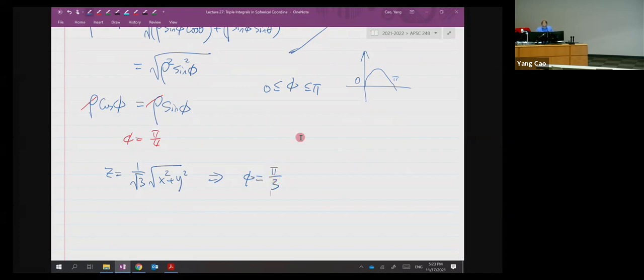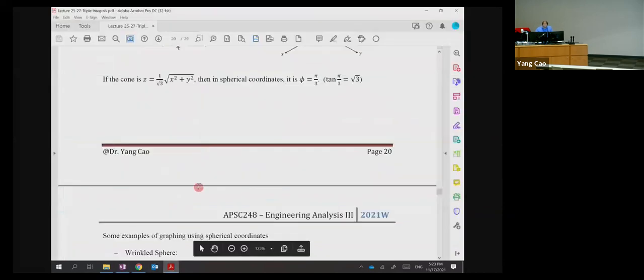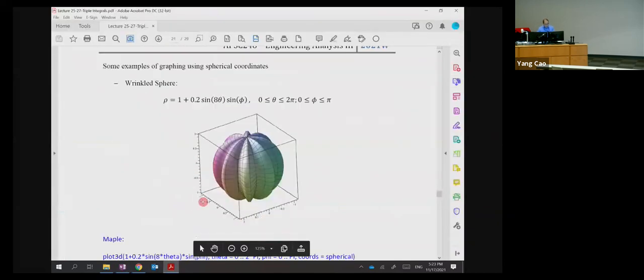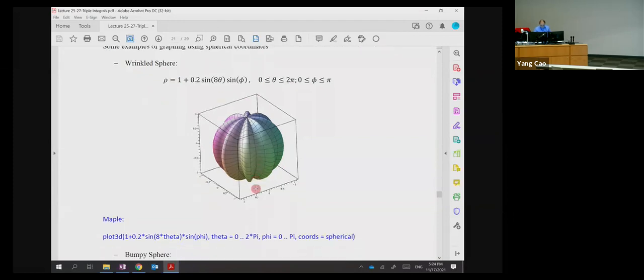Sometimes there are surfaces that are much better expressed using spherical coordinates, as I can show you here. This one is called a wrinkled sphere. It would be much harder to express using Cartesian coordinates, but the expression using spherical coordinates is very simple, giving you an orange here.